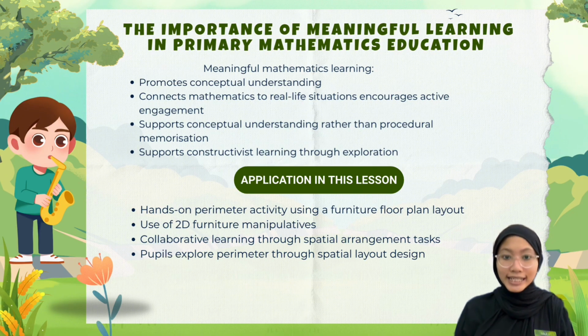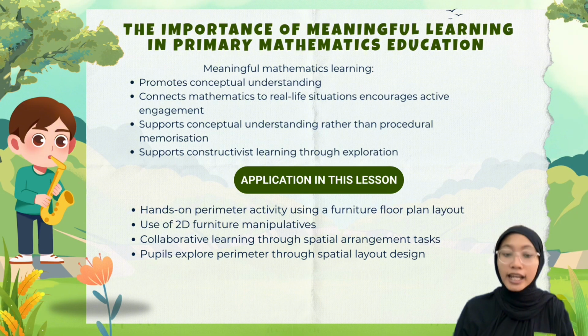Meaningful mathematics learning is important because it promotes conceptual understanding. This means pupils understand the concept of perimeter as the total boundary of a shape instead of just memorizing the formula. It also connects mathematics to real-life situations.